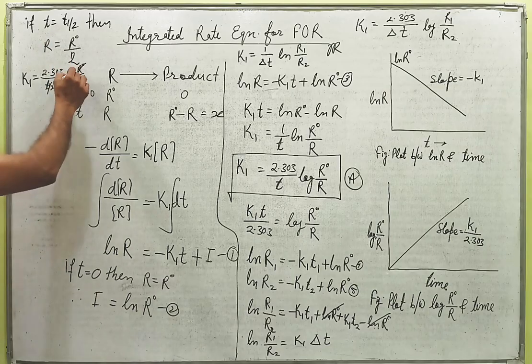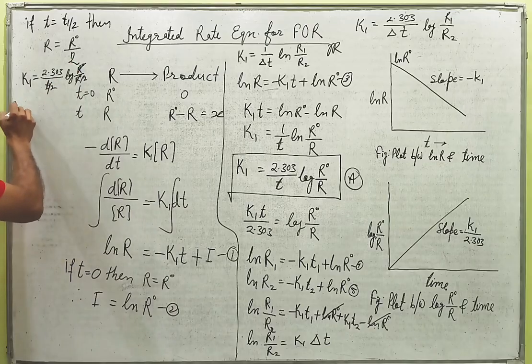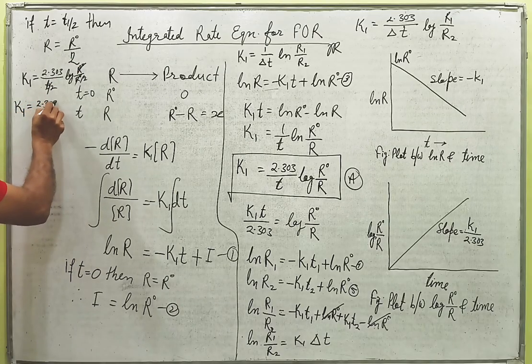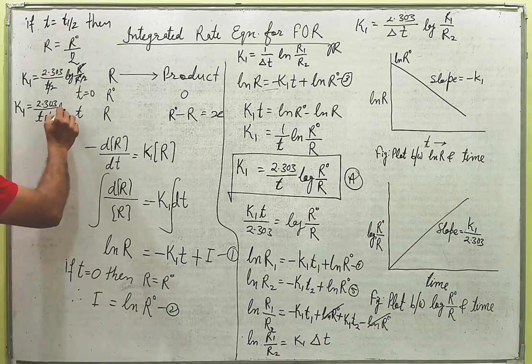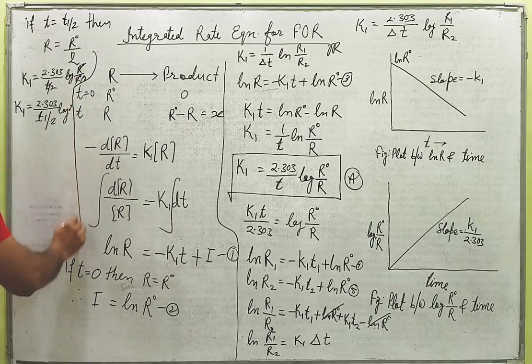So this r naught will cancel each other and this 2 will go up, and we will have K1 is equal to 2.303 upon t half log 2.